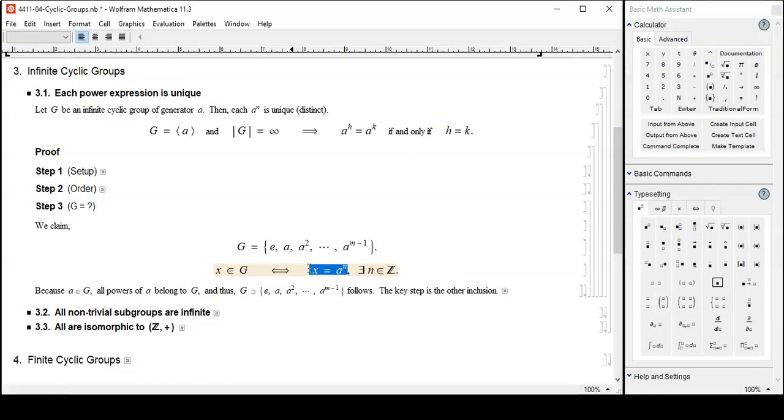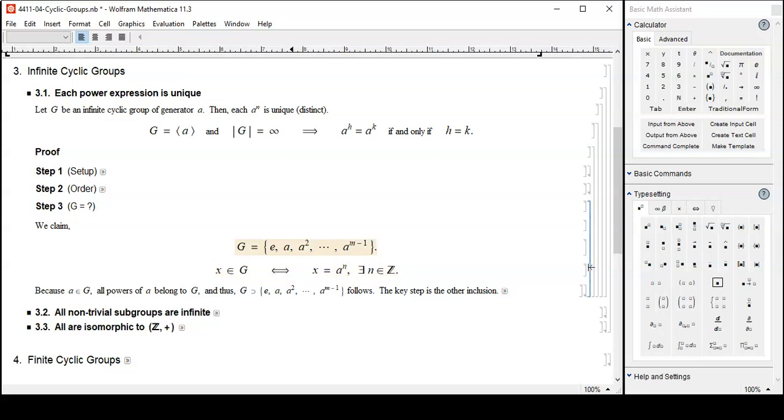So everything is of this form. And then a to the m minus 1. And then the mth power is back to e. The m plus 1 power back to a, m plus 2 power back to a squared, and then another round, 2m, 3m, 4m, we're going to cover everything positive. And if you go backward, everything negative as well. So yes, this is actually equal to G.